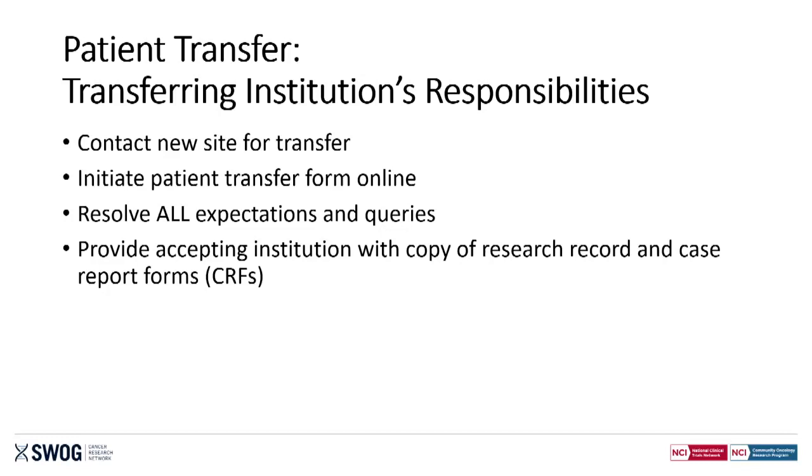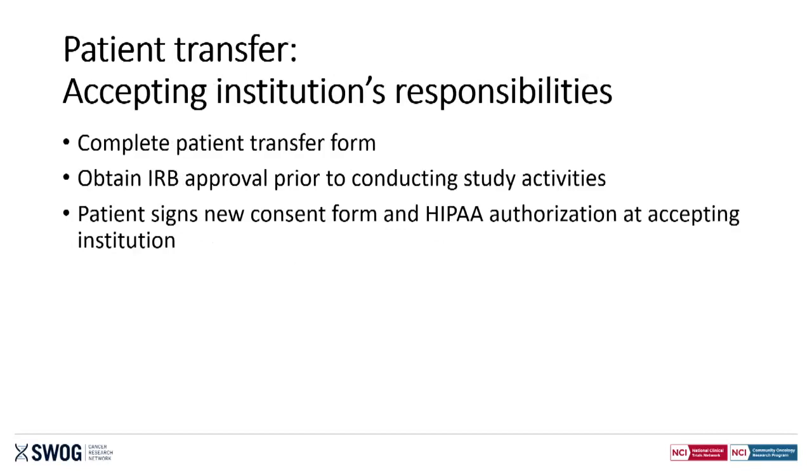You do initiate some patient transfer forms online. It's important that you resolve all your expectations and queries before the transfer takes place, and you provide the accepting institution with a copy of their research record and case report forms. The accepting institution, so if you're the one receiving a patient from another site, you complete the form indicating acceptance and make sure you have IRB approval before conducting any study activities.